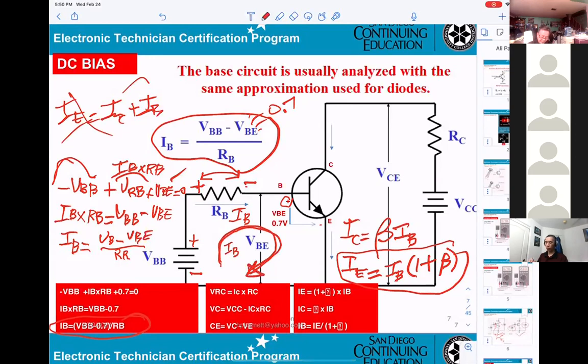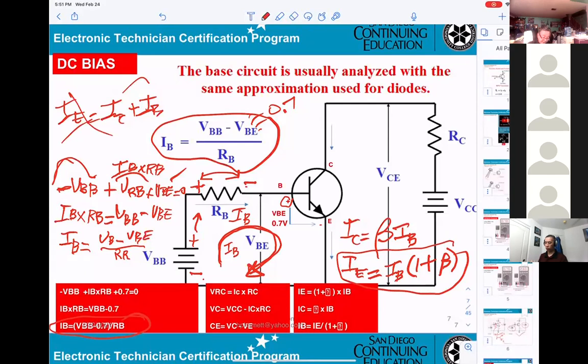Why do I draw it this way? The current comes from here, right? So when the current hits the negative, you get negative. That's why I get minus VBB. They hit negative before they hit positive.